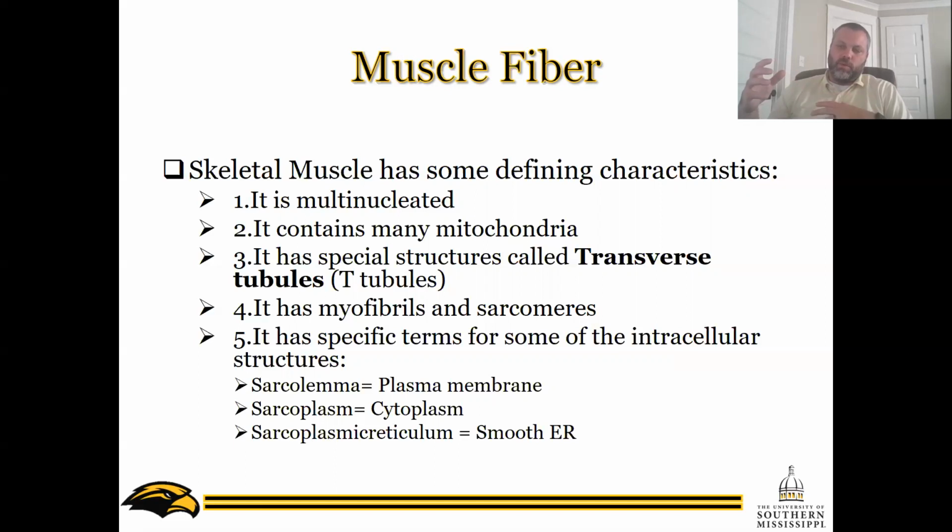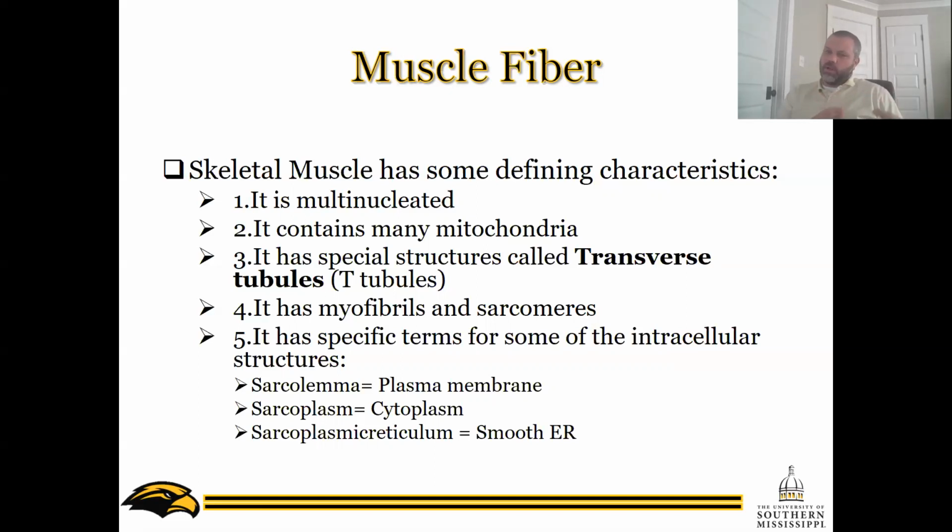This is where we will see our excitation-contraction coupling occur, and this release of calcium into the sarcoplasm itself, which would then allow for muscle movement to occur. So we have our myofibrils, and then we have our intracellular structure.